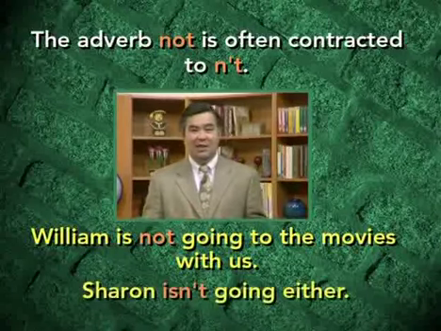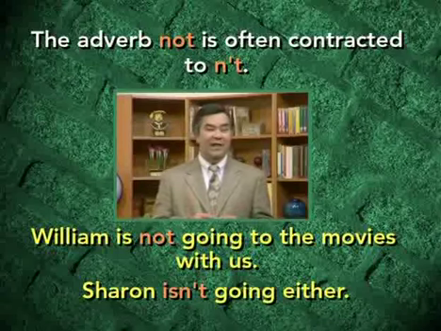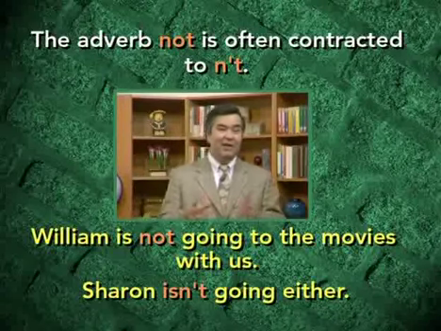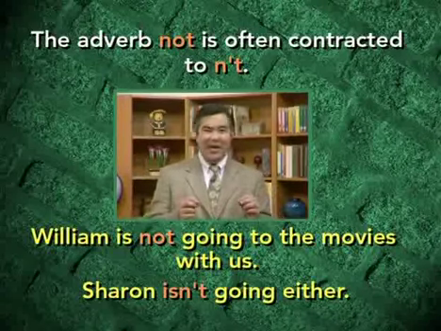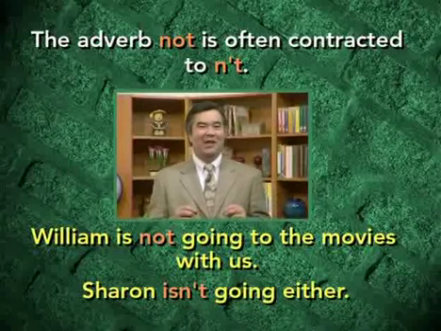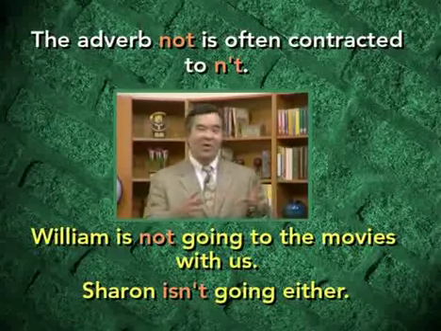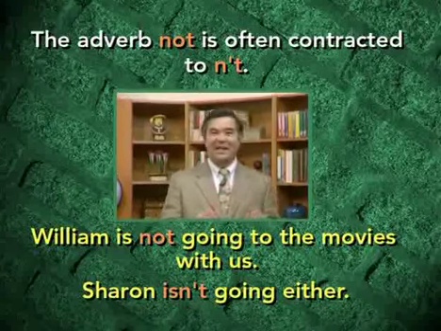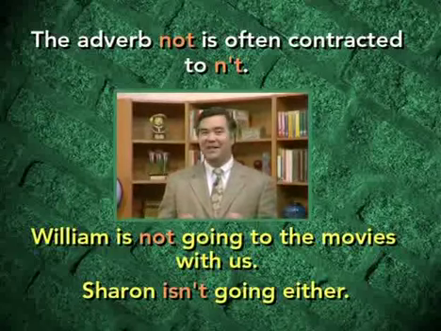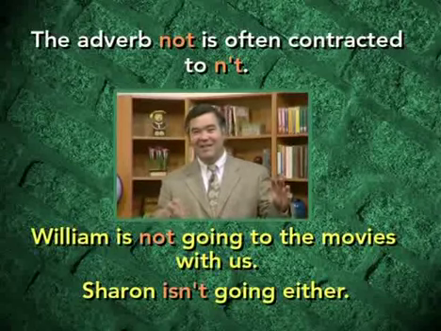Now look at this sentence. Sharon isn't going either. What's the verb phrase in this sentence? In this sentence, the verb is going. And in between, we have the adverb not, which has been contracted to n apostrophe t, pronounced 'nt'. Sharon isn't going. So even though not does not appear in this sentence as a word by itself, nonetheless, if you're asked what the verb is in this sentence, the correct answer would be the verb phrase is going.